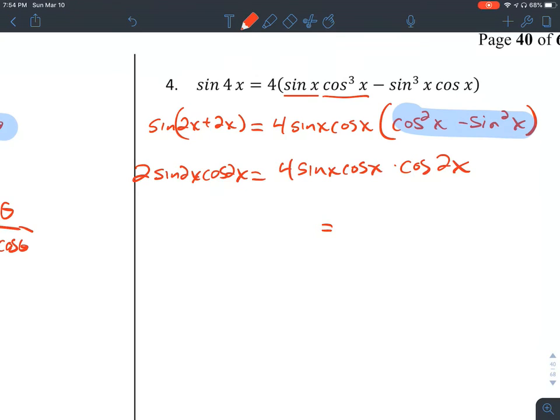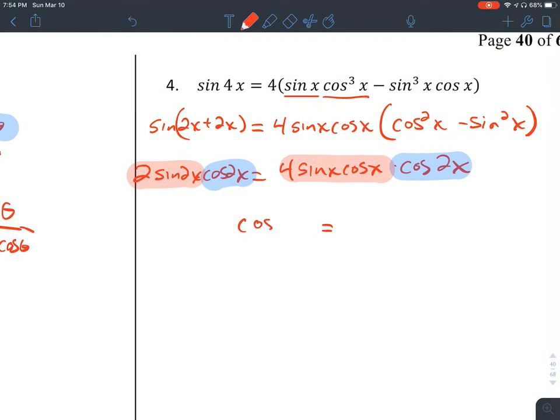And then let's see what we have the same. We have this the same on each side, so I don't want to mess with those. But somehow this, let me change the color, this becomes this. So I'm just going to bring the cosine of 2x down. Let's use this double angle identity again.